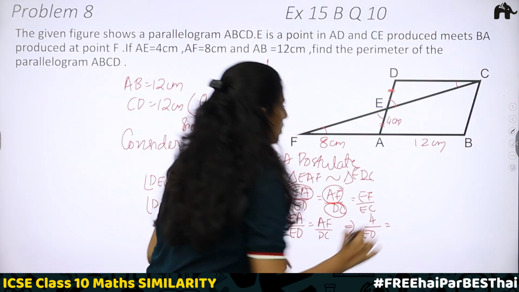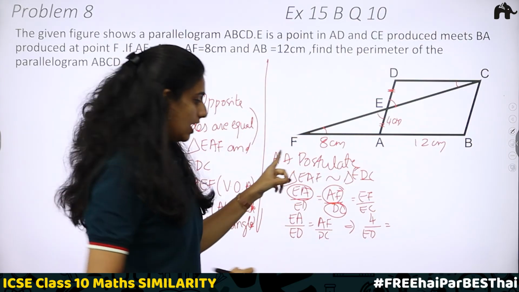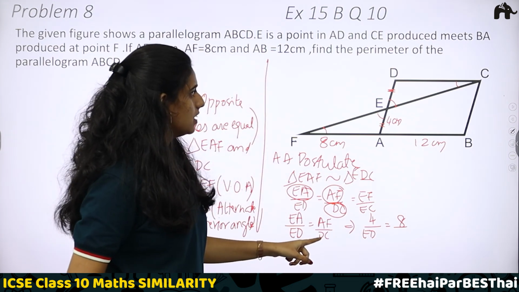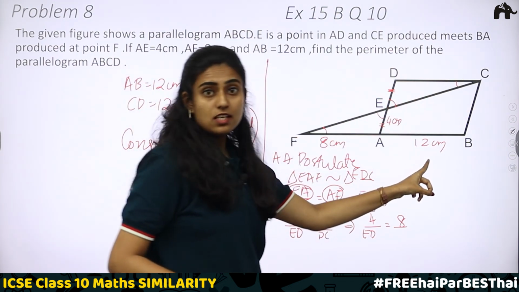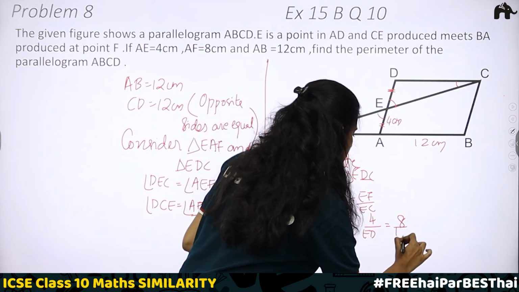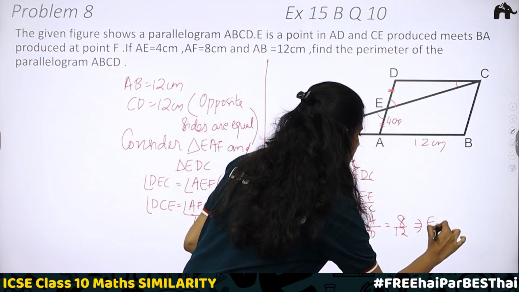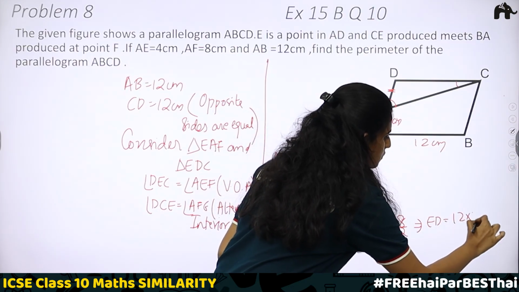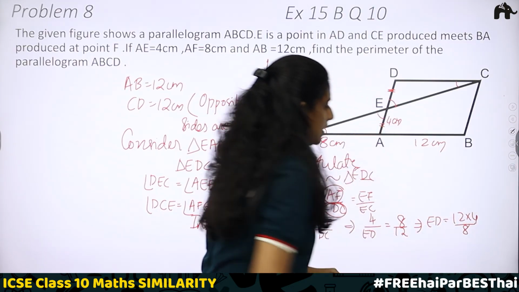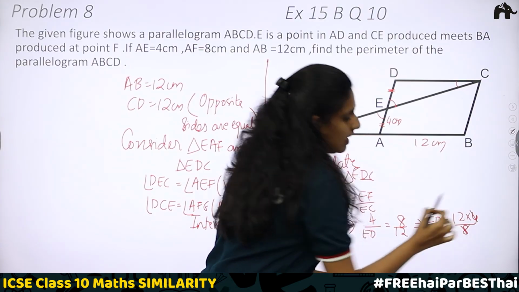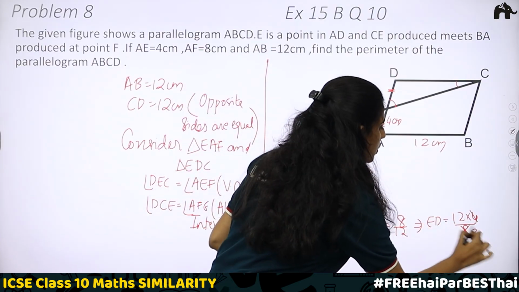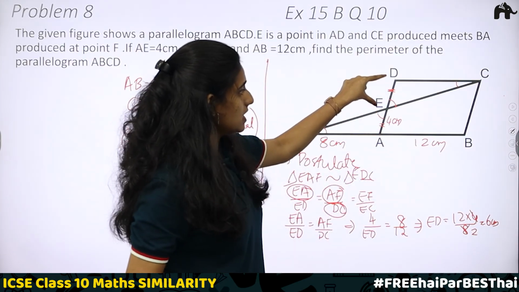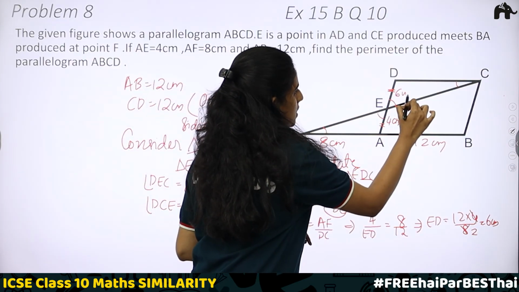ED is equal to AF, which is 8, divided by DC, which is 12. Cross multiplying, we get ED equal to 12 into 4 divided by 8. Cancelling 4 and 8, we get 2 here. 12 by 2 is equal to 6 centimeter. ED, this part, is 6 centimeter.